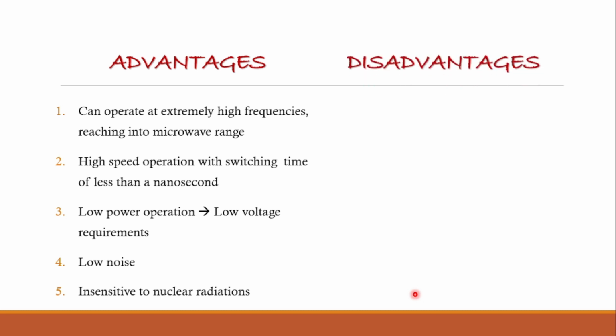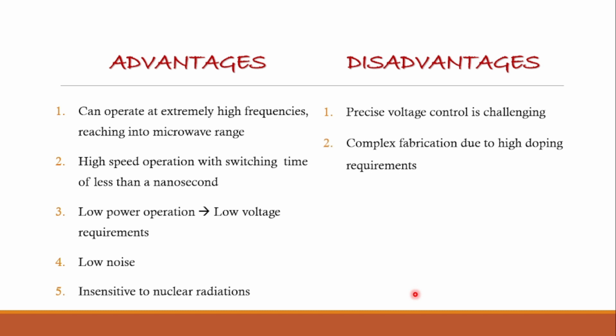Moving next to the disadvantages. Firstly, we know that operating in negative resistance is the main feature, and if it has to operate in that region, it requires precise control over the voltage, which can be challenging. So main point is this one only. And then comes the fabrication. Fabrication of tunnel diode is complex because of its high doping requirements.